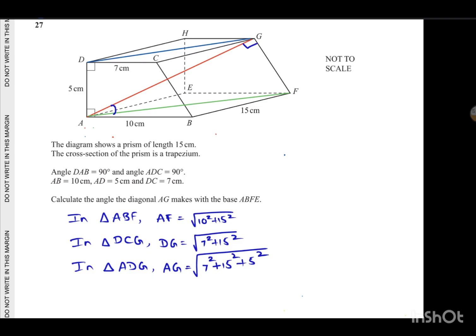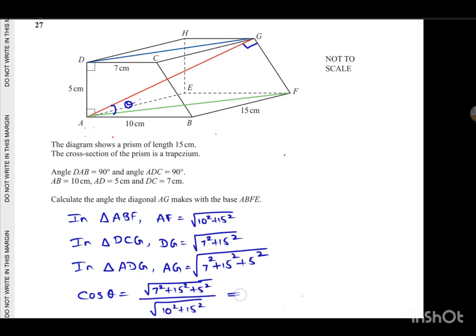Now if I take this angle as theta, and we know one of the perpendicular sides and the hypotenuse, that is, the adjacent side we know. So let us take cos theta is equal to adjacent side, that is AG, square root of 7 square plus 15 square plus 5 square by AF, which is square root of 10 square plus 15 square.